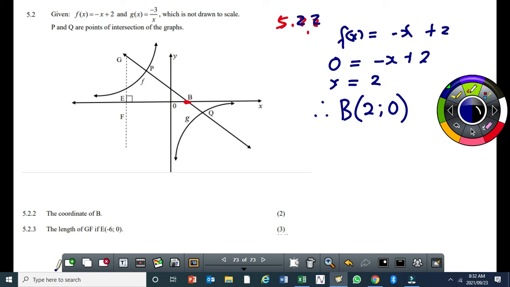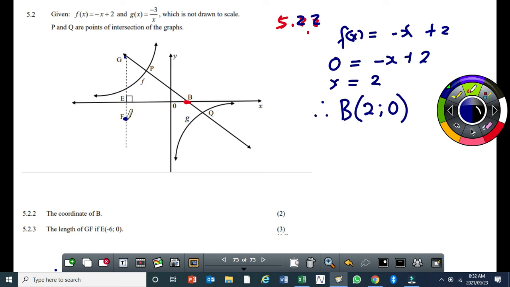Then 5.2.3, the length of GF. Now GF, this is the line. I need you to be aware that the point is not really properly placed. I'm going to change that from GF because it won't make any sense.